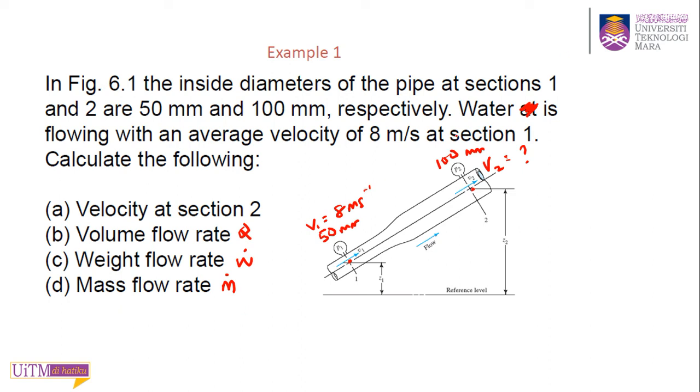Someone, how can you find first the velocity at section 2?